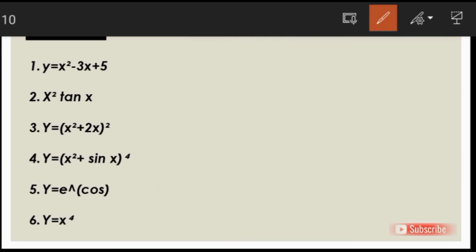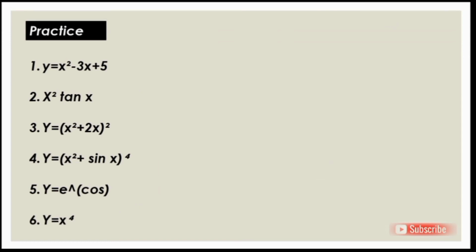The first, second, third, all these are based on basic knowledge, but the fourth one is very important. It is based on power chain rule, which we will be discussing, but you should try it with other methods. I'll be providing the answers of all these 6 questions after the second part. So till then, solve all the questions and comment down your answers.